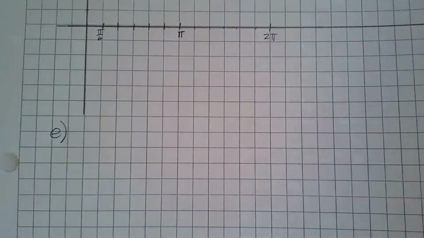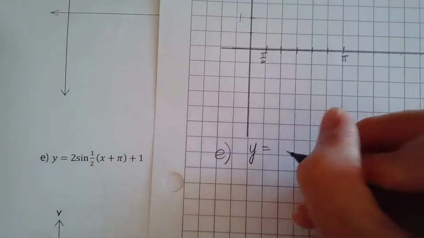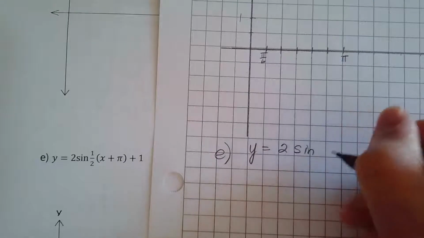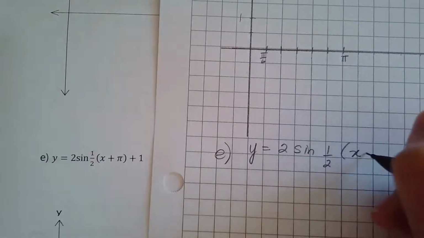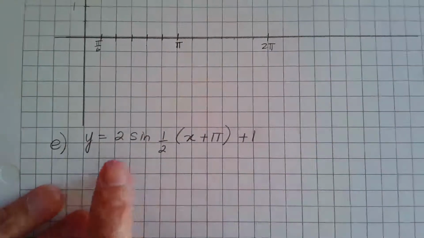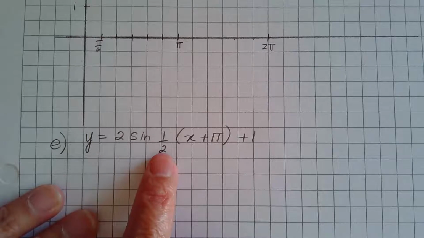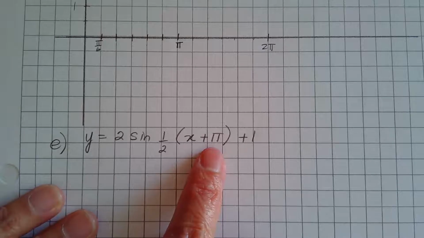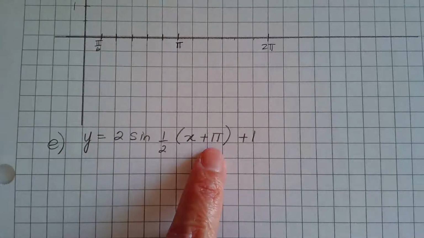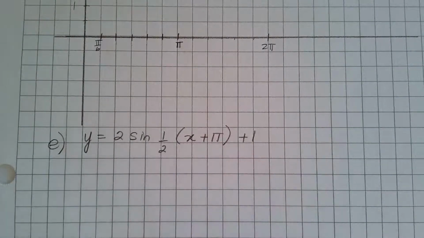Okay, letter E. Letter E says y is equal to 2 sine 1/2 x plus pi, plus 1. Oh, this is really nice because it has all of the parameters. A is 2, that means our amplitude is 2. B is 1/2, so that's going to affect our period. We're going to have a horizontal shifting, a phase shift to the left pi radians. And then we have plus 1, a vertical shift.